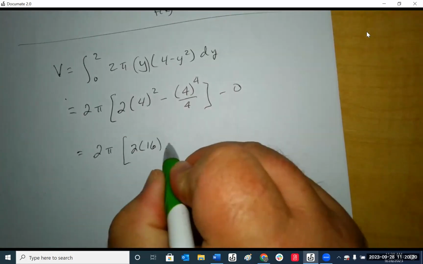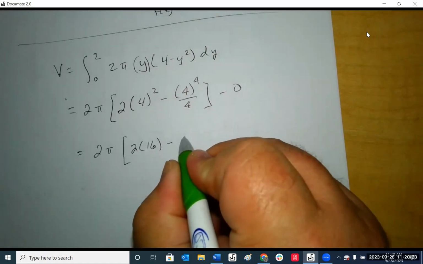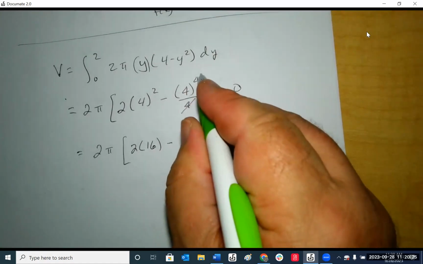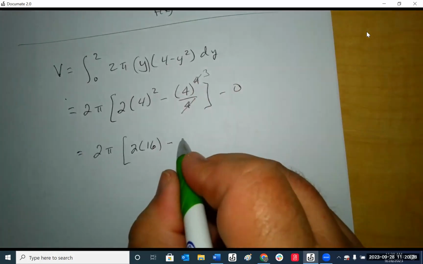Two times 16. This one will cancel with one of those 4's.